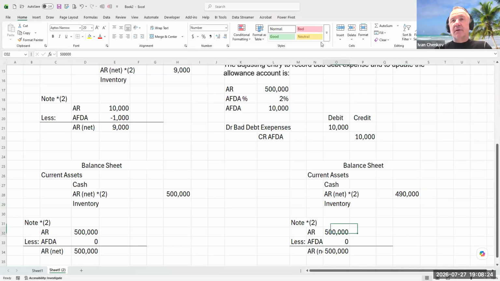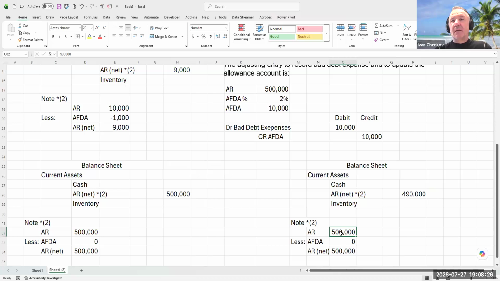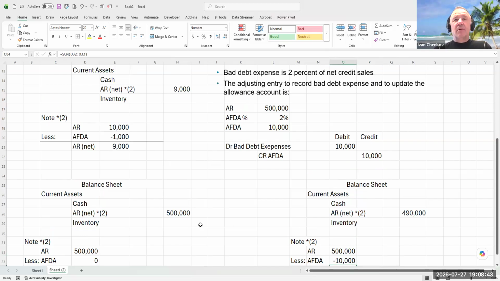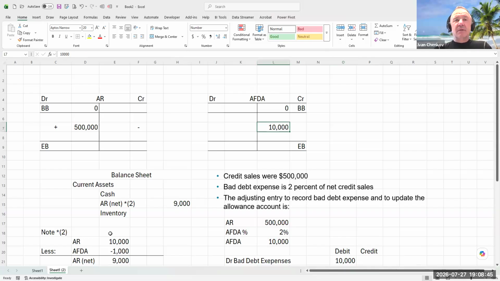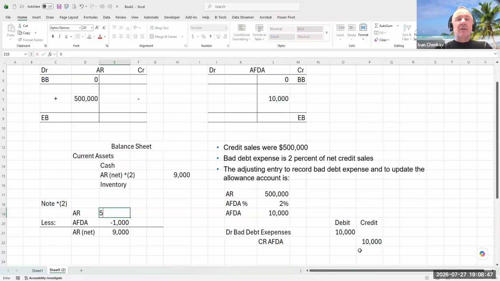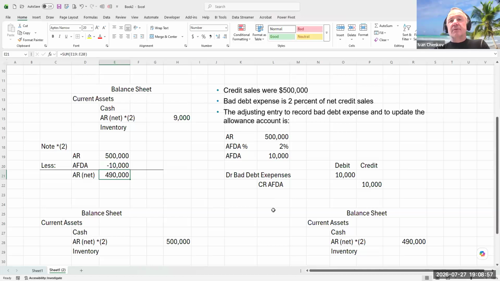Why is that? Because we're going to have accounts receivable of 500,000, allowance for doubtful accounts of negative 10,000, and that's going to give us net 490,000. Let's change those numbers: 500,000, negative 10,000, 490,000.